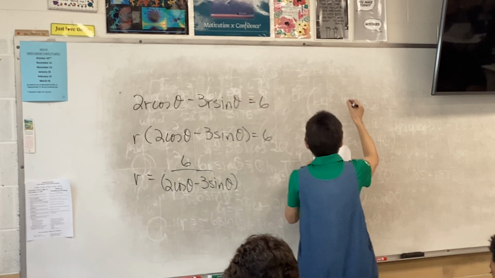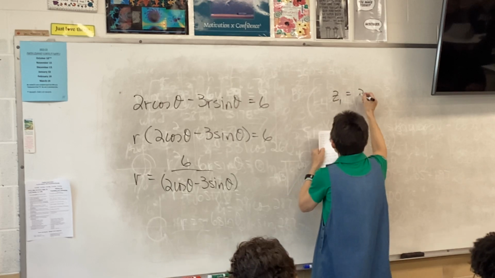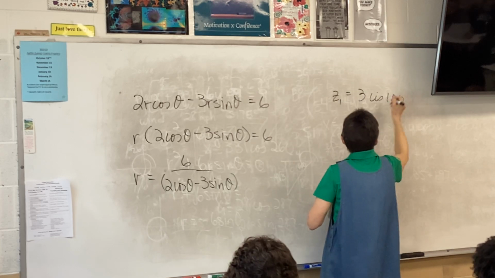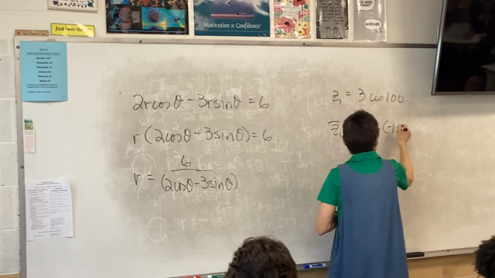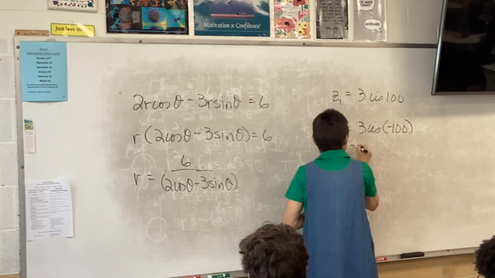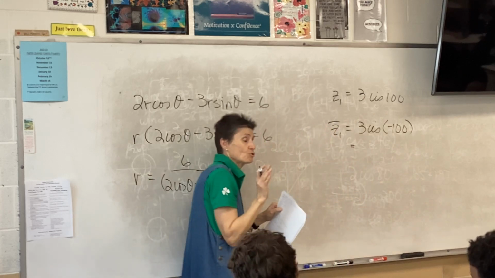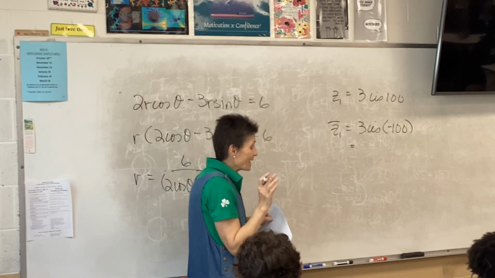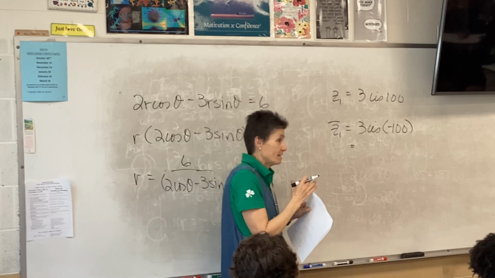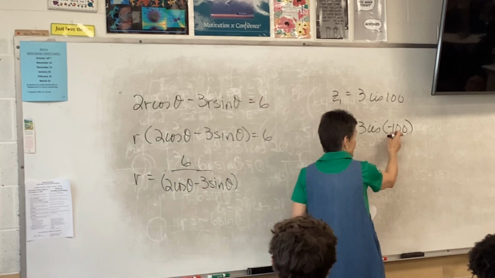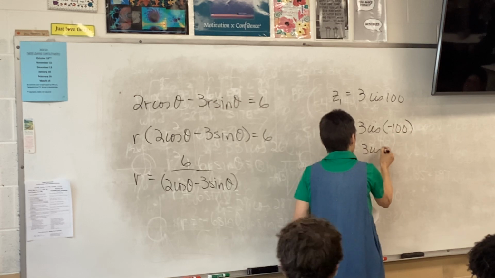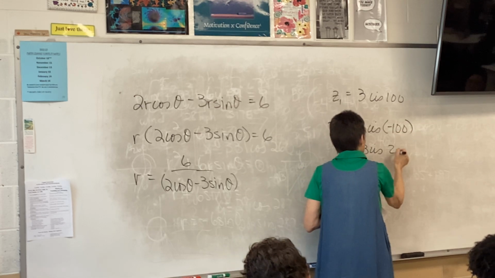So if our number is 3 CIS 100, the conjugate is going to be 3 CIS negative 100, but the rules for polar form are very strict, so we can't leave it that way. That's what it is, but we can't leave it that way. We have to find a positive coterminal angle for that. So what's our final answer? 260. Yeah.